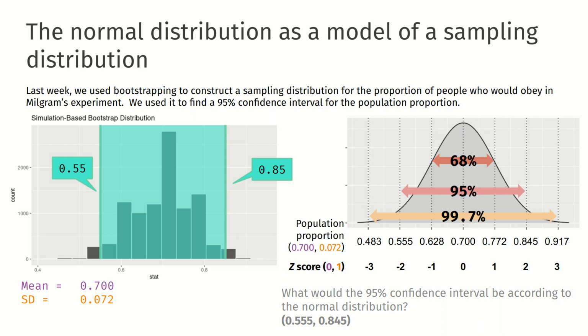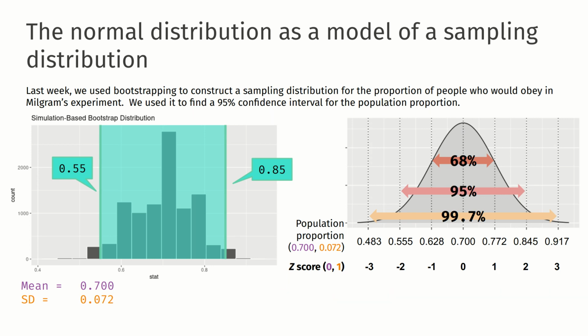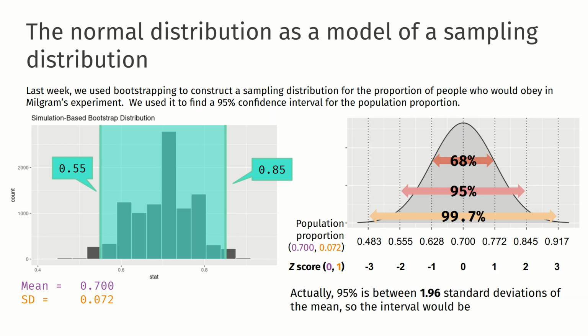Now, there is actually a bit of a complication here, because strictly speaking, 95% of a normal distribution is not exactly between two standard deviations. It's actually 1.96 standard deviations of the mean.